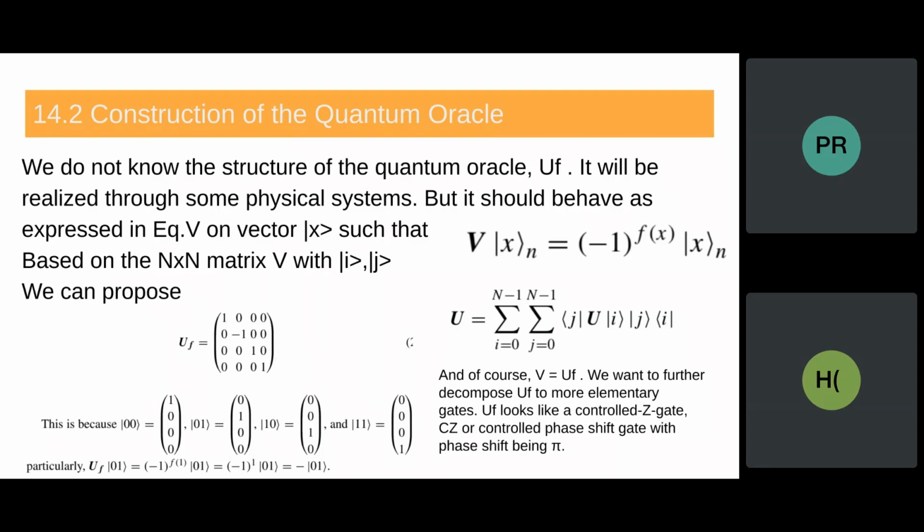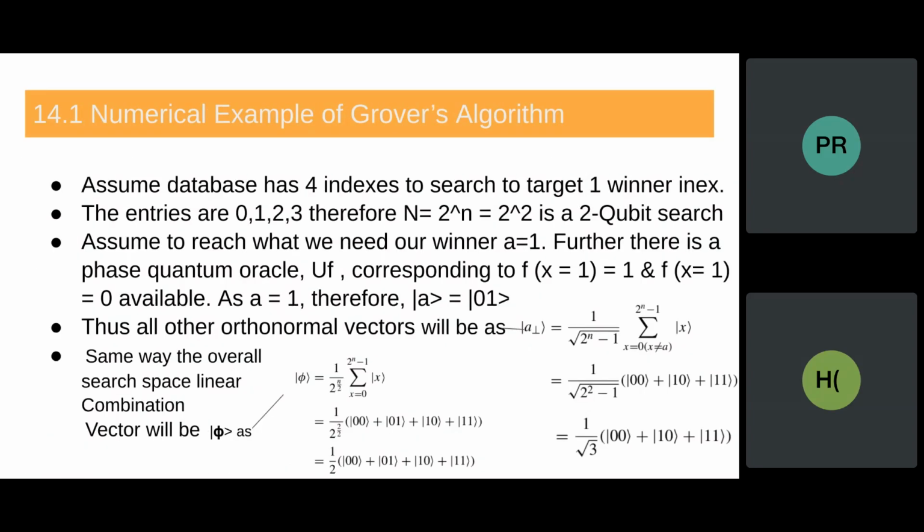And the construction of the quantum circuit now comes. So we know what the input is. As we saw, all 4 entries will be passed through the oracle, which is nothing but a black box. At the end of it, we will do some operation that will result in reaching this result as 1.